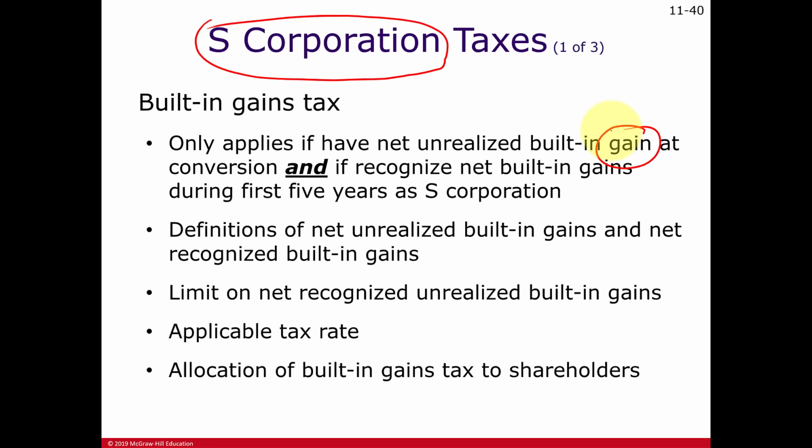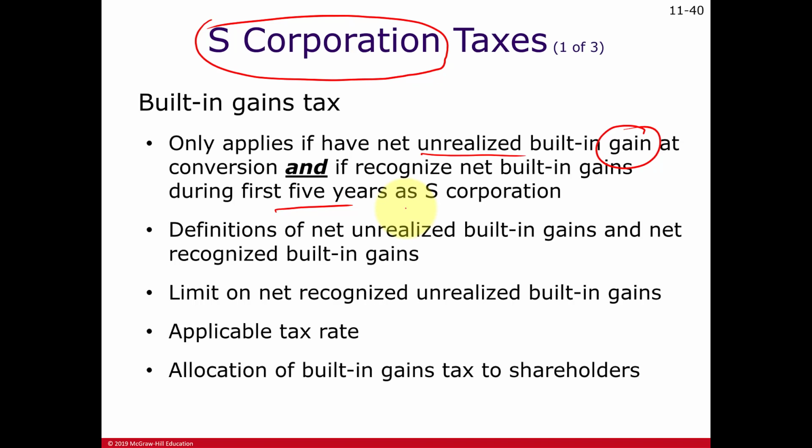But if they don't sell the property, the gain is going to be unrealized. And if the corporation hangs on to that property for 5 years, then all you have to do is report the gain and pass it through to the shareholders.